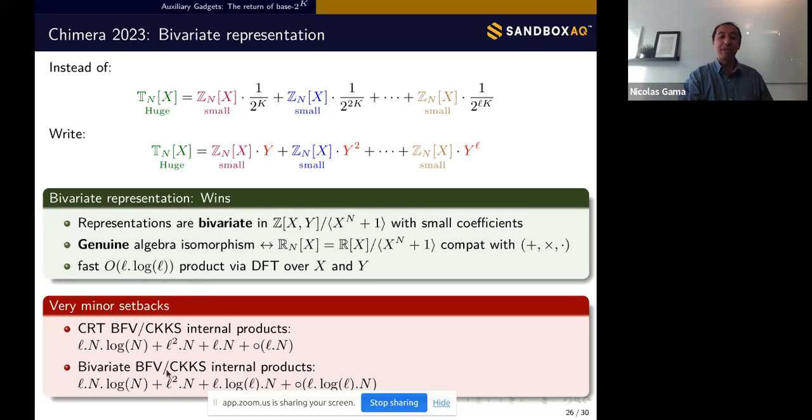So if I look at what happens on the internal product, in the CRT version there is no carry, so it will be linear in L n. In the bivariate case, we will have an L log L in its place. But once we put that in the overall product, knowing that there is also an external product that adds two terms that dominate in the limited development of the function, it only affects the third term of the limited development.